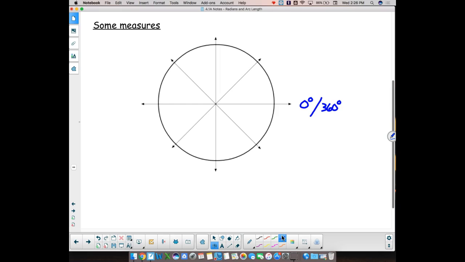How many degrees to go halfway around the circle? 180. Halfway of halfway. What was halfway of halfway? So half of half is 90. Half of half of half. 45.